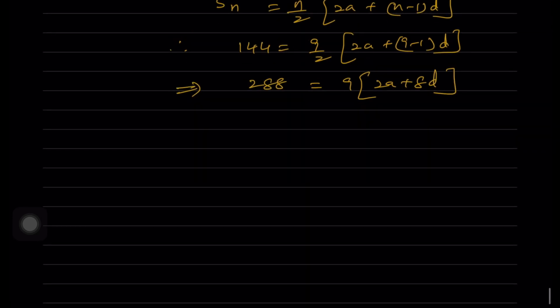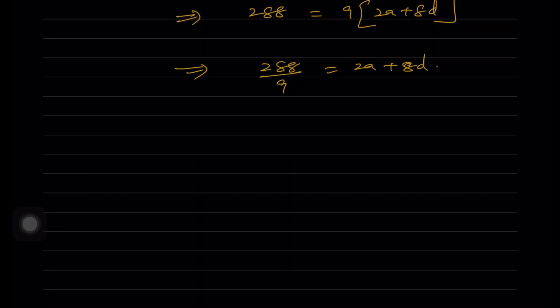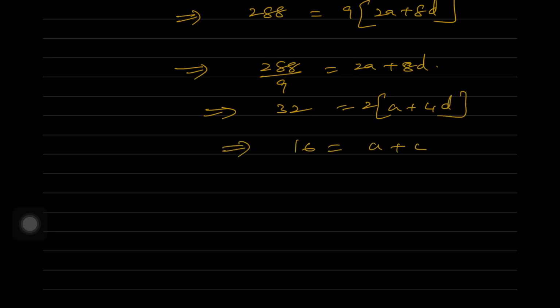So 288 by 9 is equal to 2a plus 8d. 288 by 9 is equal to 32, which is equal to 2 into a plus 4d. So therefore 32 divided by 2 is 16 is equal to a plus 4d.